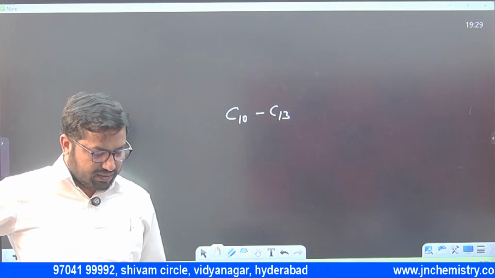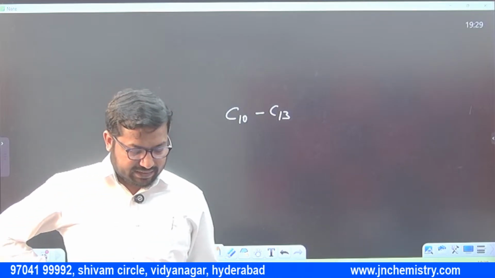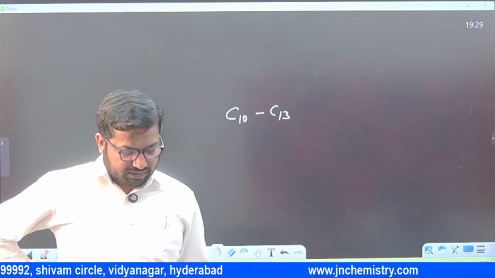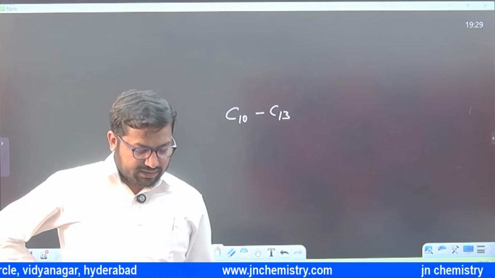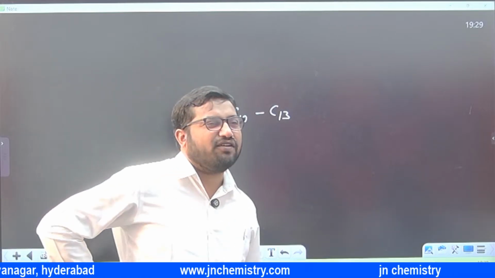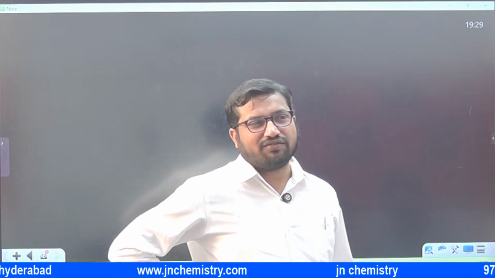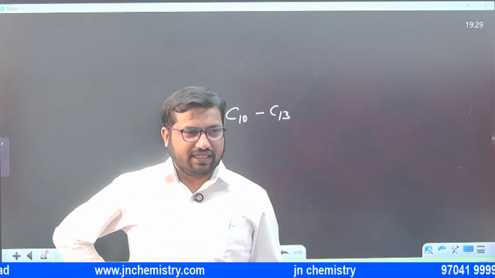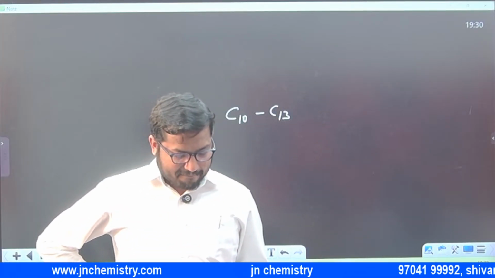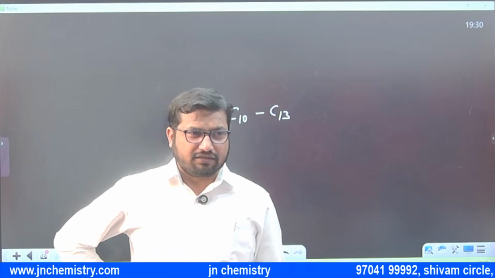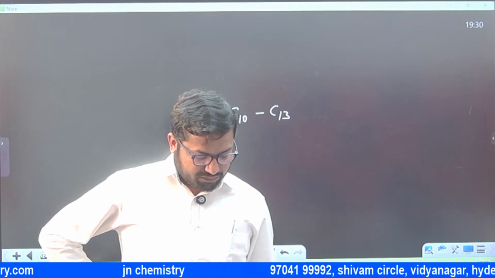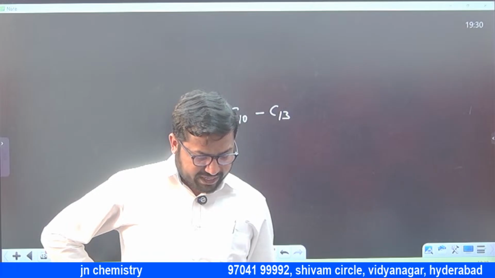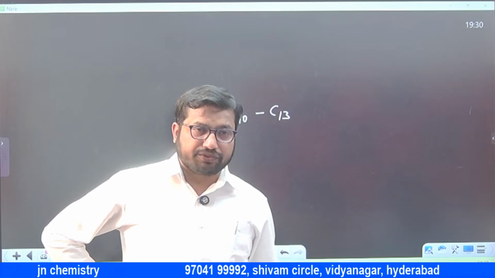Diesel, C13 to C18. That's the reason petrol is somewhat smooth, while diesel engines are somewhat noisy. Actually, these are not needed, it is for general knowledge. Petroleum jelly and petroleum wax, C18 to C30.